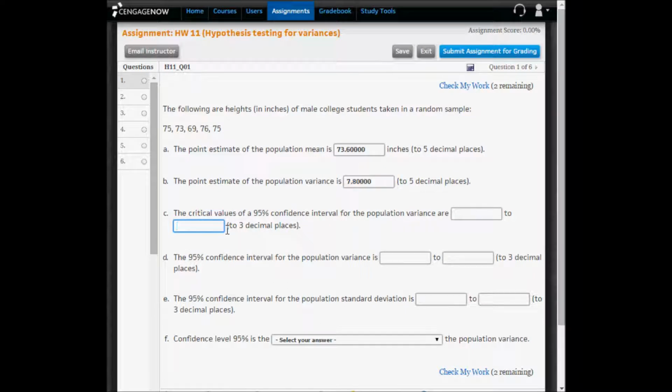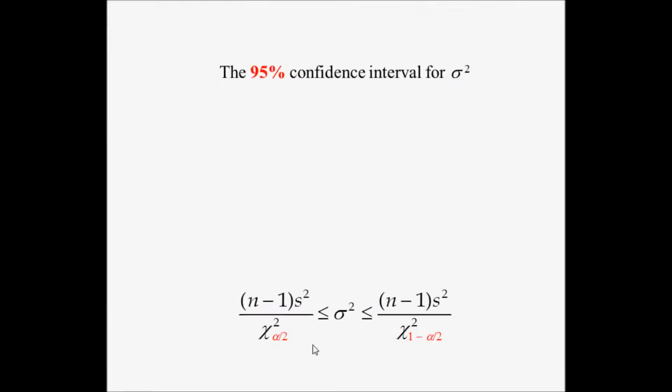Next, I got to get the critical value of a 95% confidence interval for the population variance. This down here is the expression or the inequality that is used to build a 95% confidence interval for the population variance. Well, the confidence level, 1 minus alpha, is 0.95. That means significance, alpha, is 0.05.